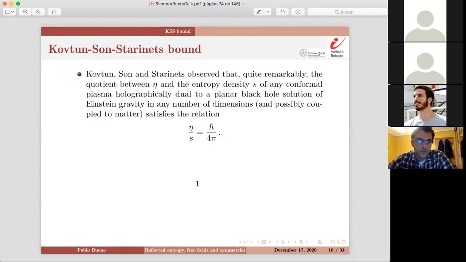Anyway, what Kovtun, Son, and Starinets observe is that, quite remarkably, the quotient between this shear viscosity and the entropy density of any conformal plasma holographically dual to a Schwarzschild AdS black hole, or in fact, any black hole solution of Einstein gravity coupled to matter in any number of dimensions, satisfies the relation that eta over S is 1 over 4 pi in natural units.